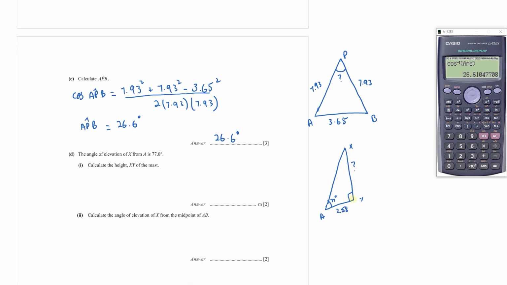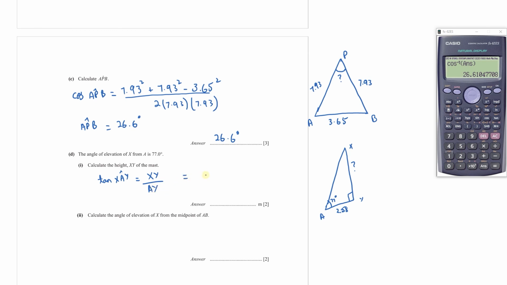So this is a 90-degree angle, so I can use perpendicular over base, so a tangent of this angle XAY. So tan of angle XAY will give you the height XY over this AY base.